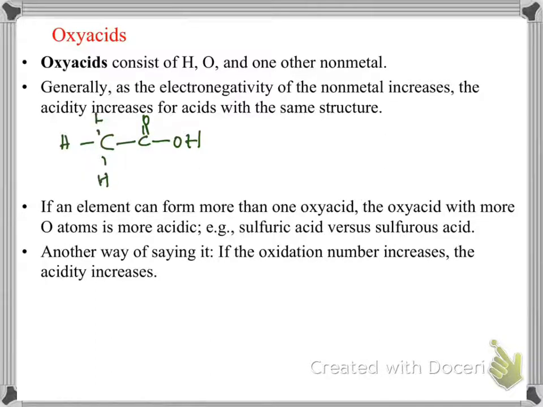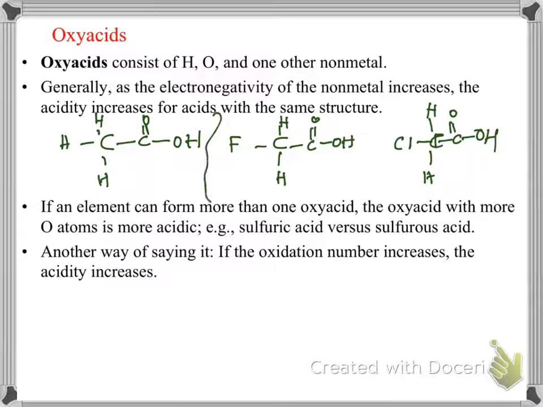This is a carboxylic acid, and in this one, let's say I'm replacing one hydrogen with fluorine, and here one of the hydrogens is replaced with chlorine. So these are my three examples. The first one has nothing added other than hydrogen and oxygens. This is a carboxylic acid, and the hydrogen attached to oxygen can be ionized.